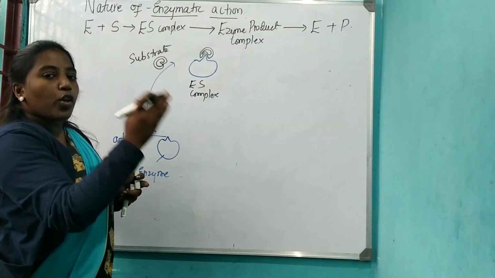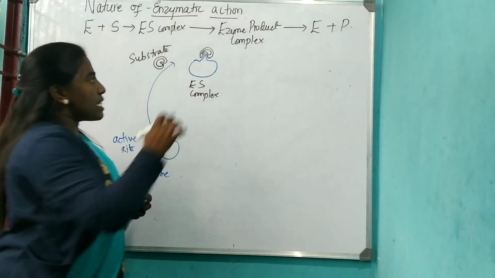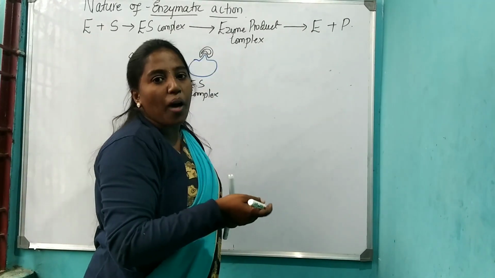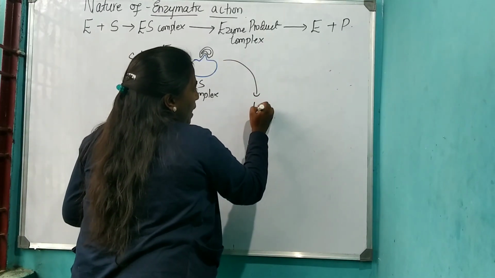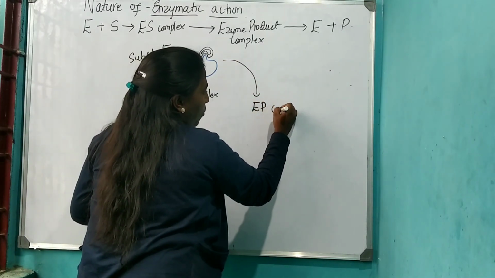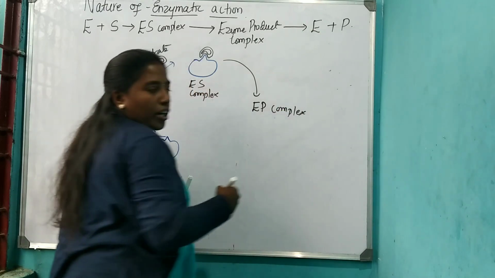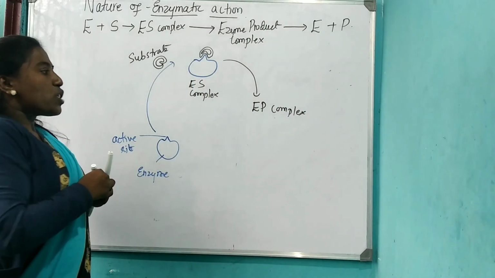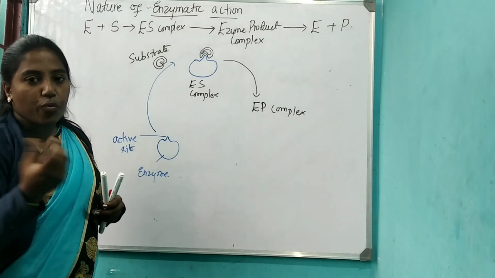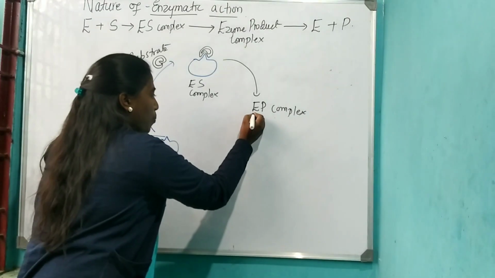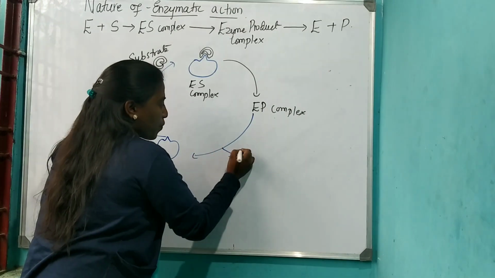When that breakdown or formation of chemical bonds occurs, the substrate gets converted into a product. Now it results in the formation of the enzyme product complex. Then the product gets separated, or released, from the enzyme.